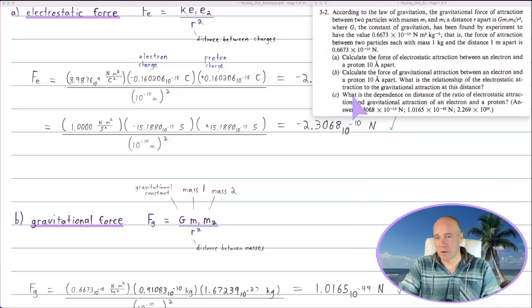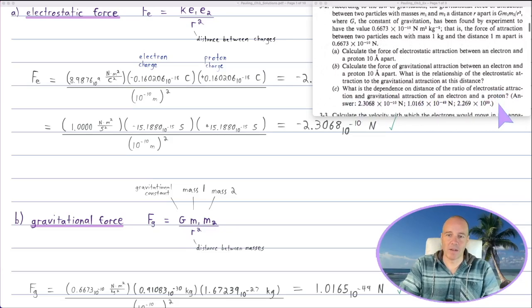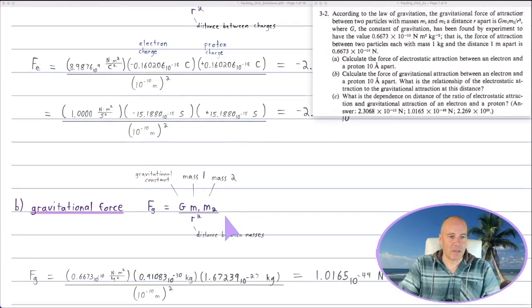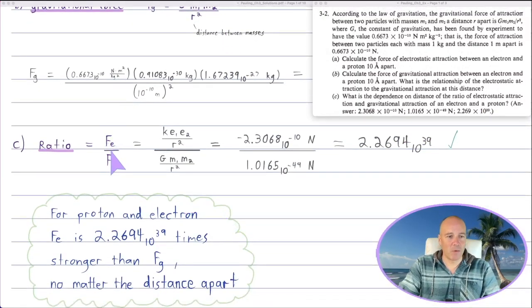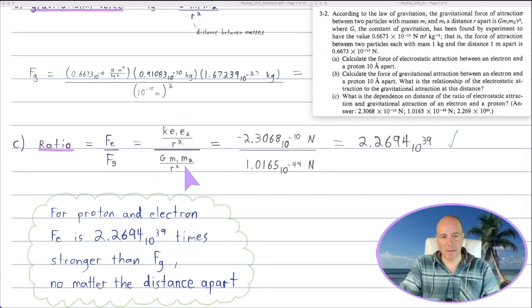And that leads us to part C, which asks, what is the dependence on distance of the ratio of electrostatic attraction and gravitational attraction of an electron and a proton? And so let's get that ratio, the ratio of electrostatic force to gravitational force. We can put the equation for the electrostatic force up here and the gravitational force down there.